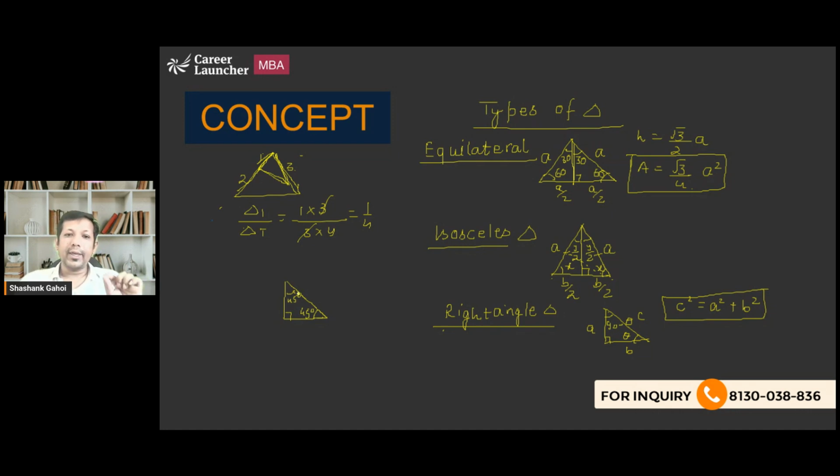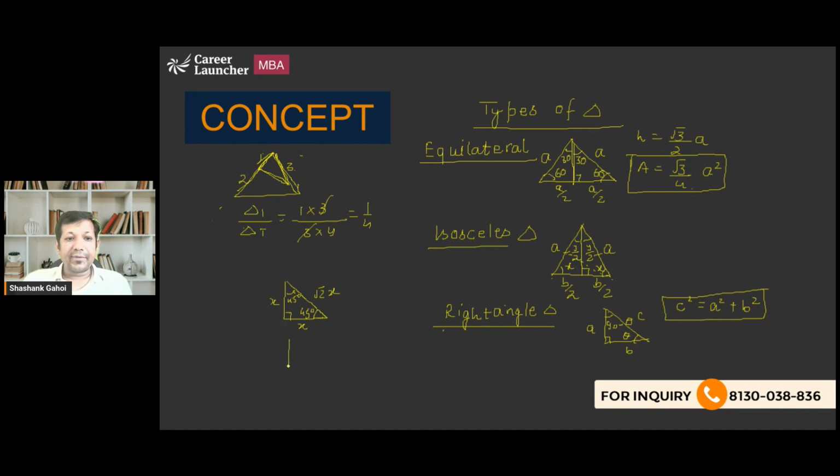So if in a right angle triangle the angles are 45, 45 and 90, the side opposite to 45 degrees is x, the side opposite to the other 45 degrees is x, and the side opposite to 90 is root 2 x. So the ratio of sides becomes 1:1:root 2, and it is always true. Remember this, this is a standard ratio. This is not specific, this is a standard.